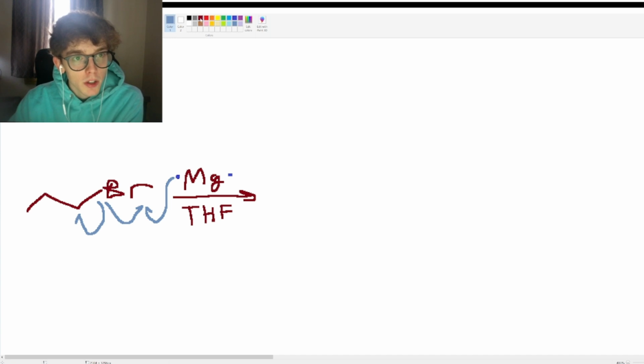So what you're left with is, and I'll just draw the electrons in the same color. You have an electron on your propane, or any R group, for example, and then your magnesium, bromine, so we'll just draw this in green.